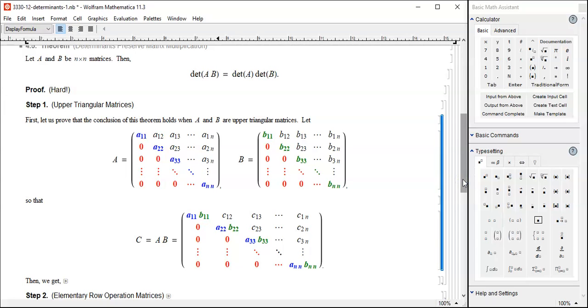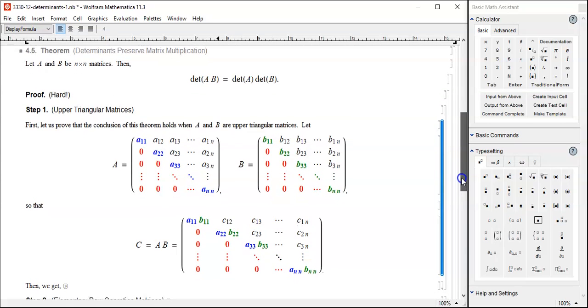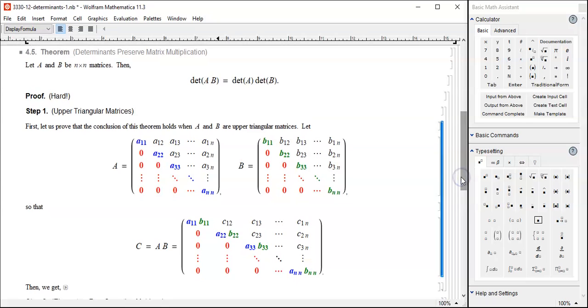I can do the same thing for lower triangular matrices, but traditionally people use upper triangular matrices. In terms of the convenience of the techniques, they're the same.